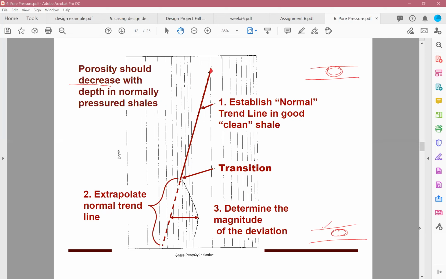So if you can establish a porosity curve along the wellbore, it should change linearly if you plot it on a log plot. This is based on experience that the porosity changes exponentially with depth. It means it drops basically exponentially with depth.